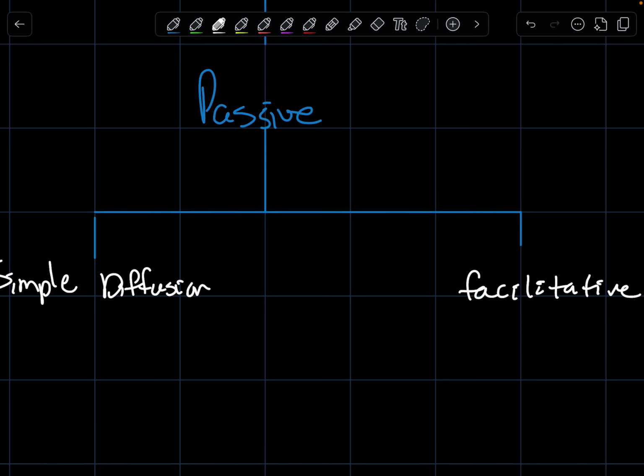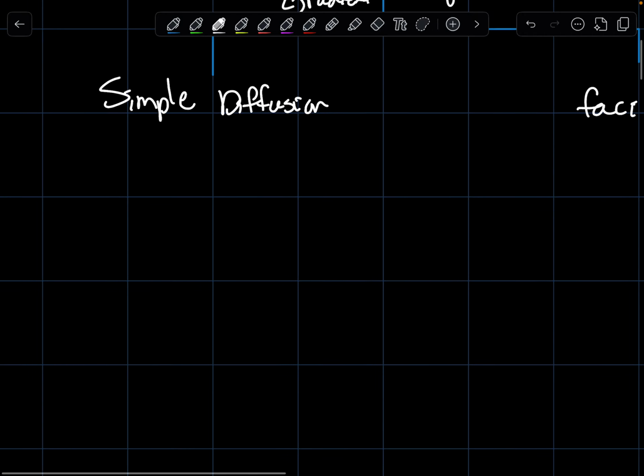So passive diffusion in general is based off of a concentration gradient. So high to low. That's the movement of particles or ions. It's from a high concentration to a low concentration.